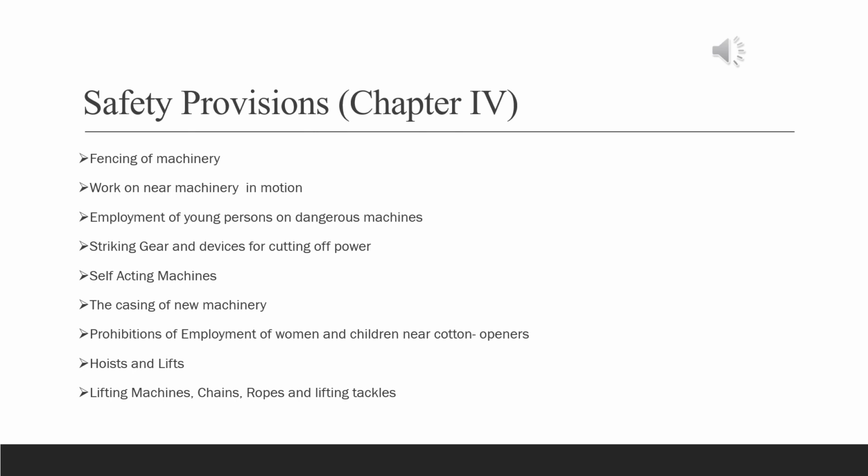And there must be an appliance provided and maintained to move driving belts to and from the loose pulleys in the factory. There should not be any self-acting machine kept in a space over which a person can pass.